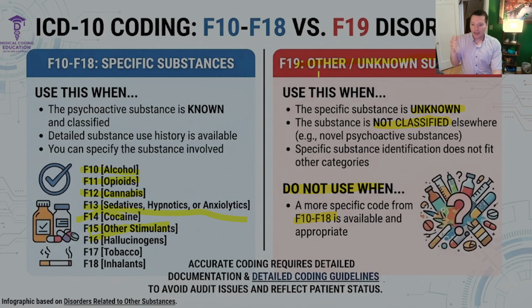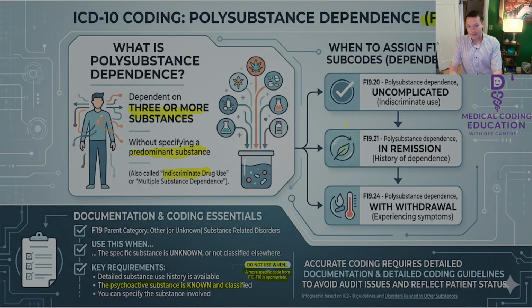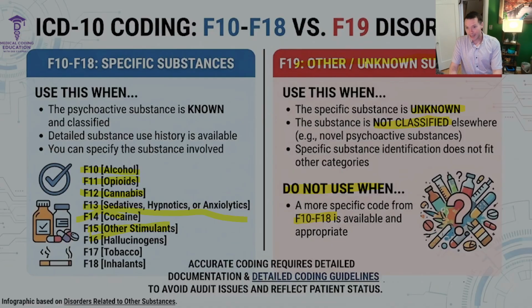F19, wish we knew more about it. This provider might possibly get audited if they use it way too often. F19 is the most likely of these codes to get audited. So hey, personally, I would not recommend using F19, except maybe in the actual true unknown cases like kratom and stuff like that.